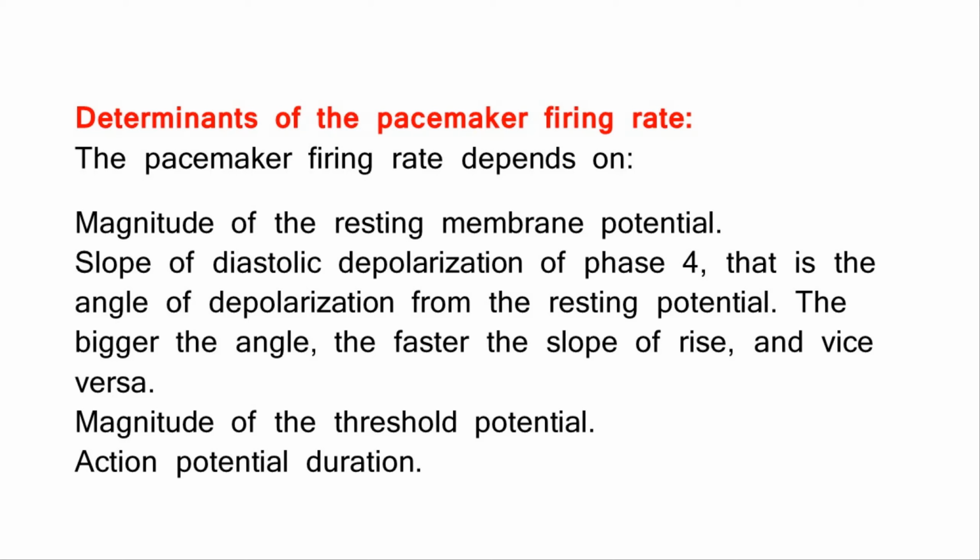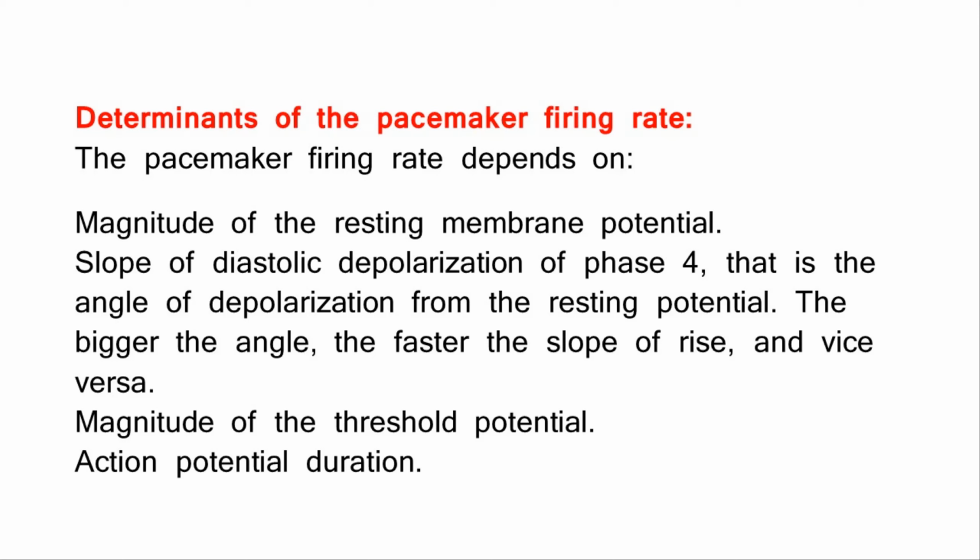Determinants of the pacemaker firing rate. The pacemaker firing rate depends on magnitude of the resting membrane potential, slope of diastolic depolarization of phase 4, that is the angle of depolarization from the resting potential. The bigger the angle, the faster the slope of rise, and vice versa. Magnitude of the threshold potential.